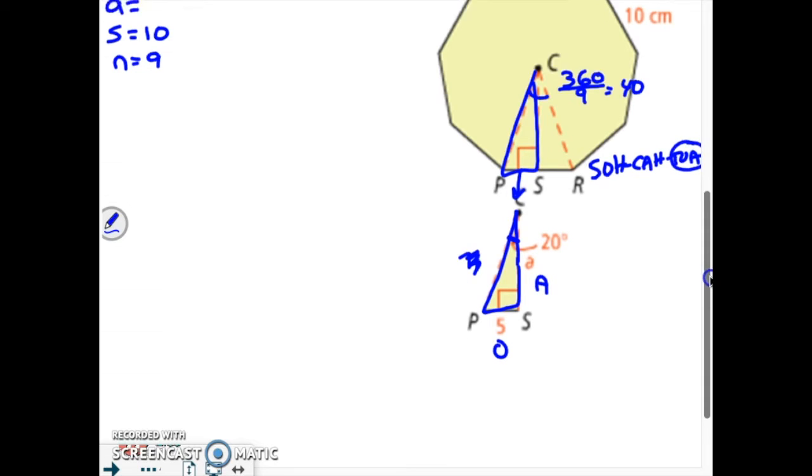So here's a little bit of review on how that worked. What we need to do to find A is take the tangent of 20 degrees. The tangent of 20 is equal to the ratio of the opposite side over the adjacent side, like TOA, O over A. So we need to put 5 as our opposite side over A, which is our adjacent side.